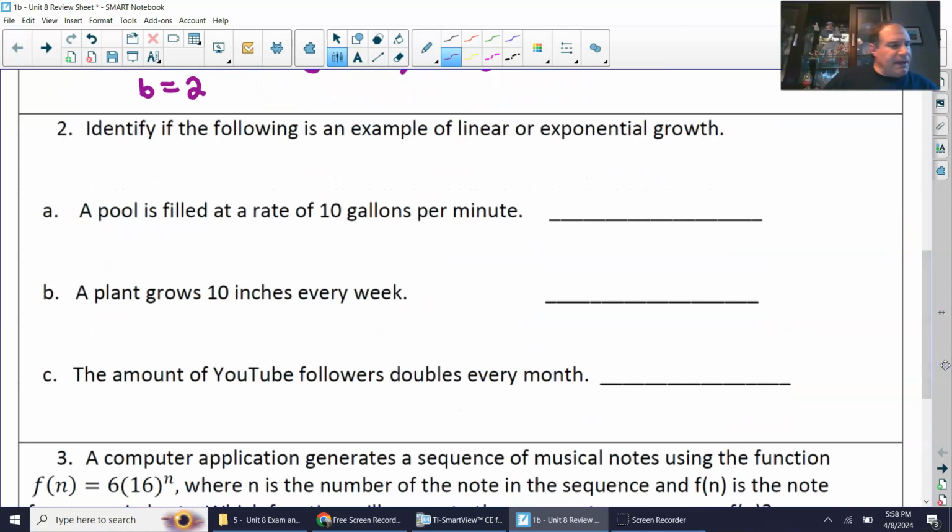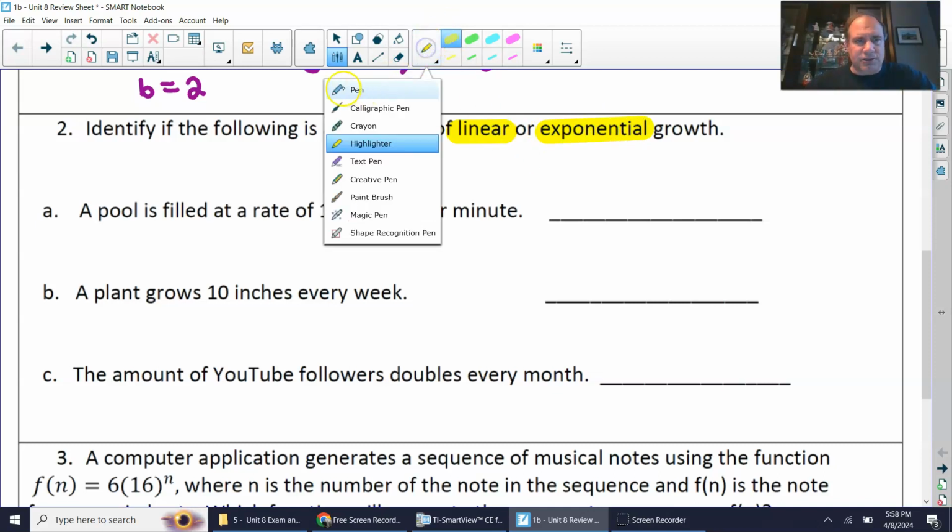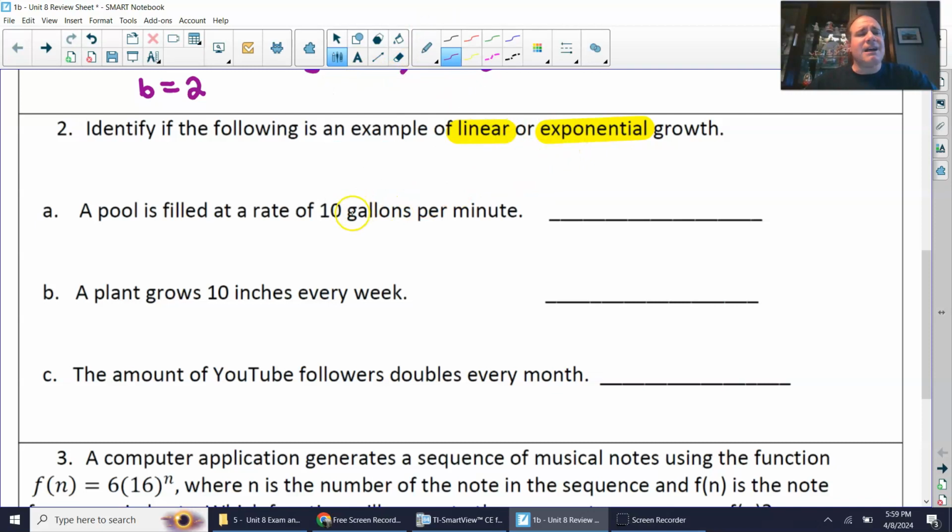Identify if the following is linear or exponential. Again, linear is basically a steady and constant slope, a constant change. Exponential is not a constant. So a pool is being filled at a rate of 10 gallons per minute.